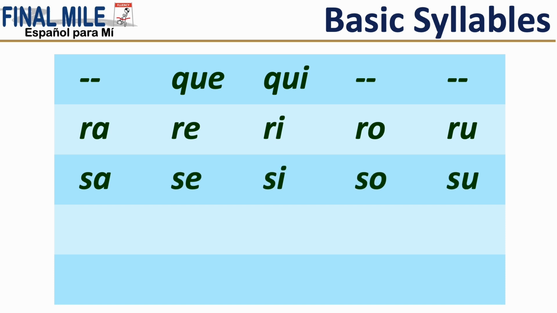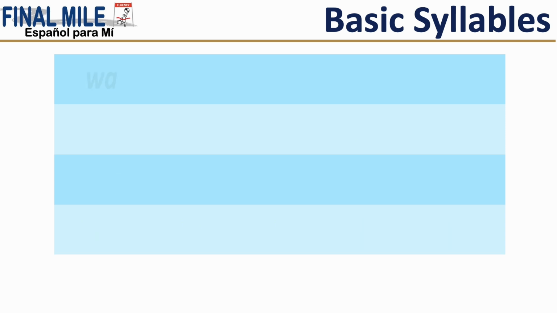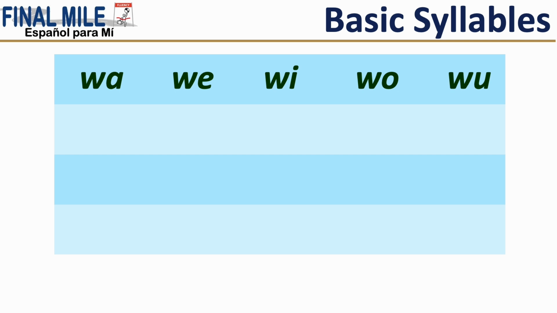Sa, se, si, so, su. Ta, te, ti, to, tu. Va, ve, vi, vo, vu. Again, in foreign words, wa, we, wi, wo, wu, just like in English.